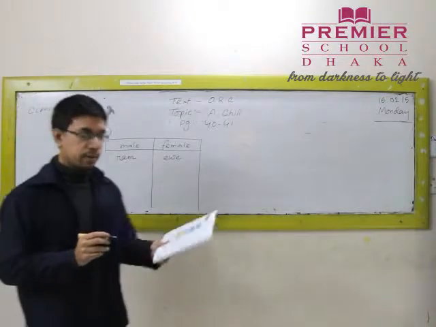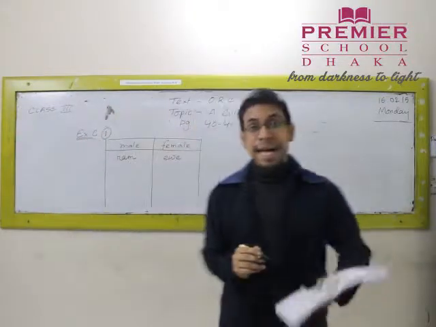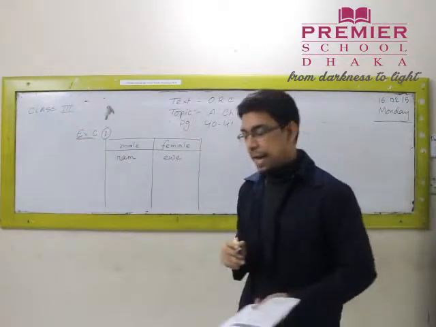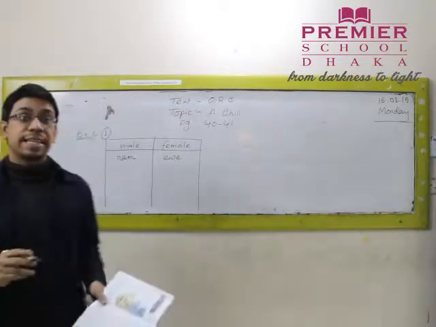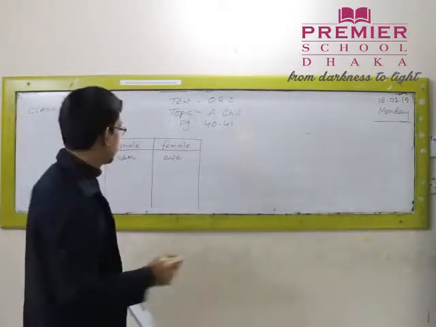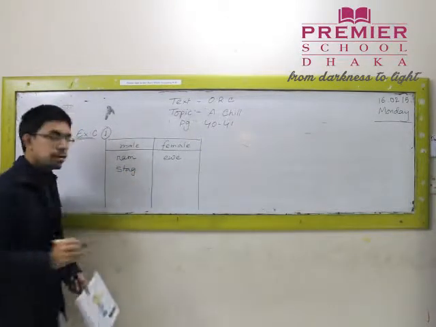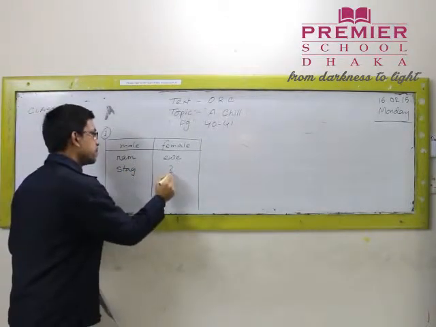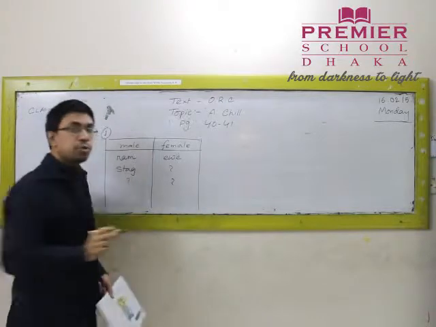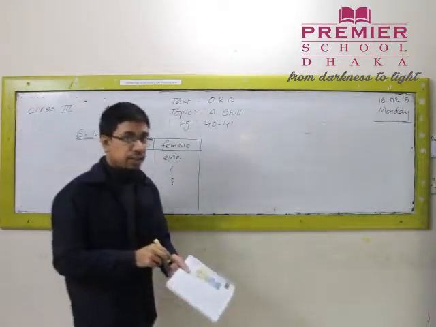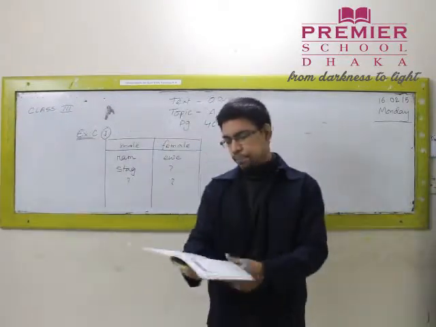You need more help? Stag. What's a stag? A stag is a male deer. You can find that out from the dictionary. So you can put down male, stag. Now I'm not going to do any more. Okay? I want you to work with the help of a dictionary. Find all these words.